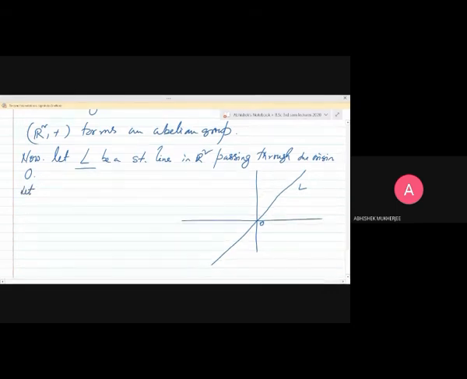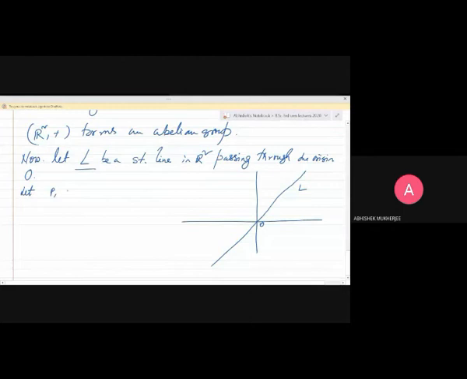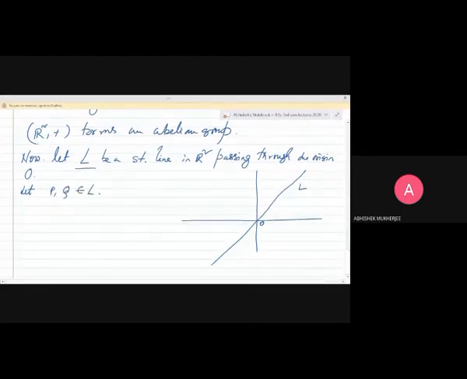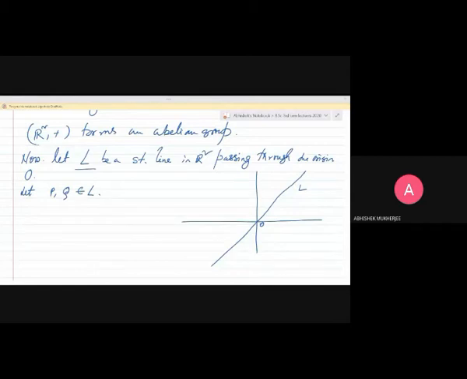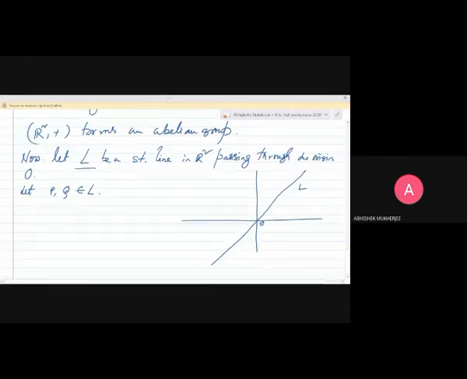So to check that L is a subgroup, let us take two points. Suppose P, Q belong to L. Then what will be their addition?